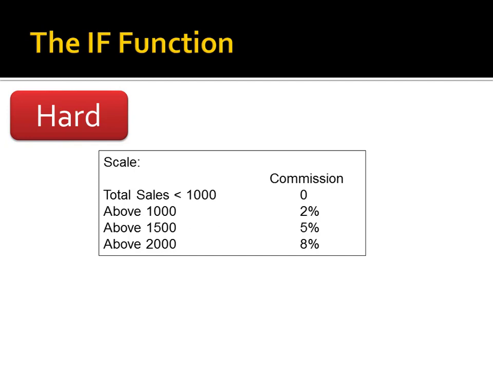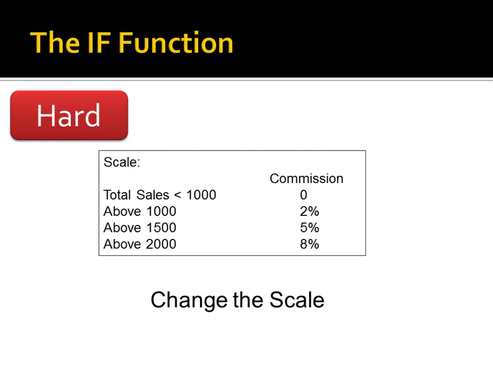So first of all, I change the way it looks. Notice that I don't say between anymore. I say above. So I say if the total sales is less than 1,000, he doesn't get anything. If the sales are above 1,000, he gets 2% of his total sales. If the sales are above 1,500, he gets 5% of his total sales.